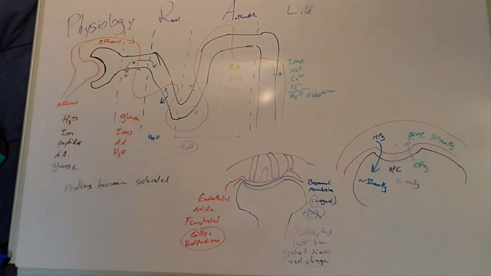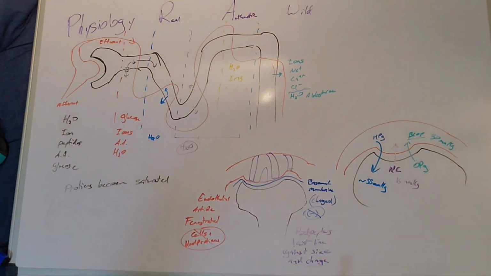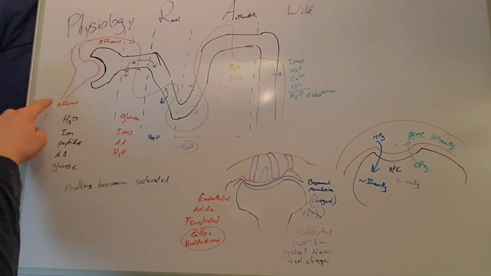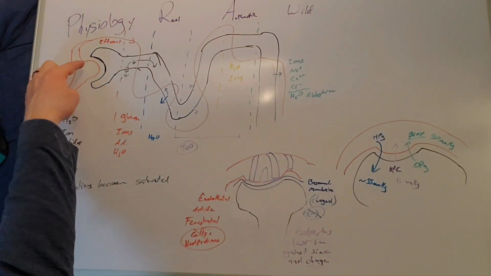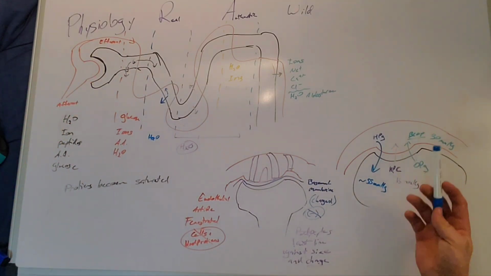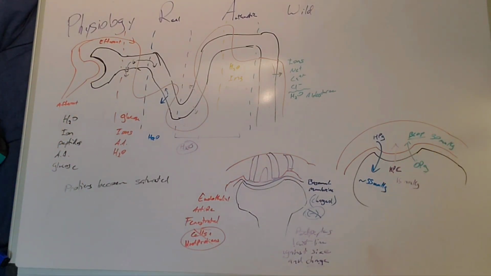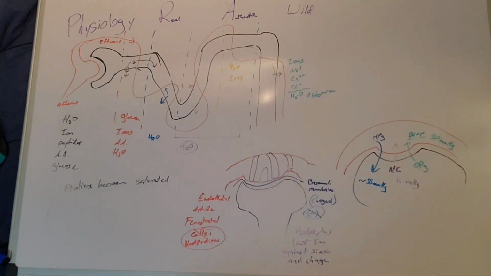Now blood flow. The afferent and efferent are the arterioles that either go in or leave, respectively. If we dilate the afferent, we get more blood flow into here, which will increase that pressure and cause more things to leave the arteriole and go into the capsule.